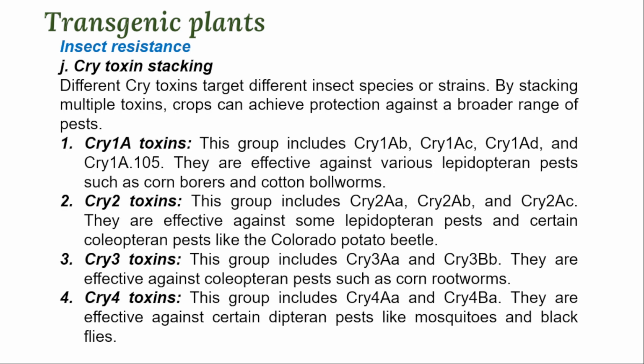We can also stack the cry toxins, the different varieties of cry proteins, into a single gene in a single host plant. We stack all the cry proteins into a gene, and with a strong promoter insert it in a single plant. This genetically engineered plant will produce a defense mechanism against a vast, broad range of insects, like lepidopteran insects, coleopteran insects, and other types of insects.